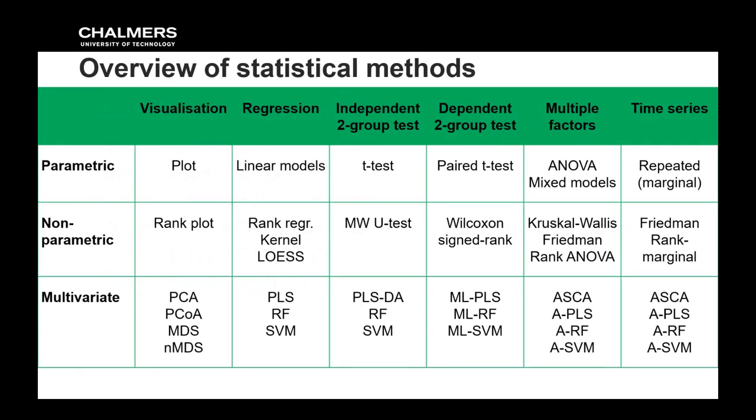This is not an exhaustive overview of statistical methods, but it's a mental roadmap for me, where I look at the type of problems in the columns and the type of data that I'm facing in the rows.